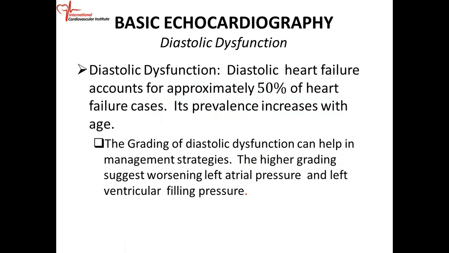You multiply the area in the 2 times the area in the 4, and divide it by the shortest length, because you measure the length in the 2 and the 4. Then you multiply that by 0.85, and that will give you left atrial volume.